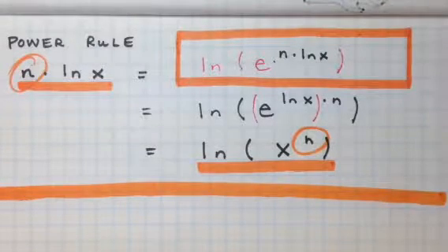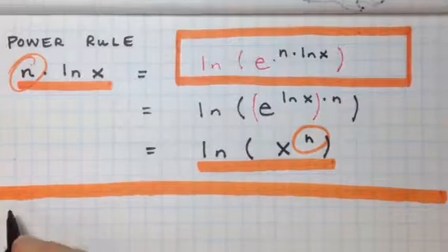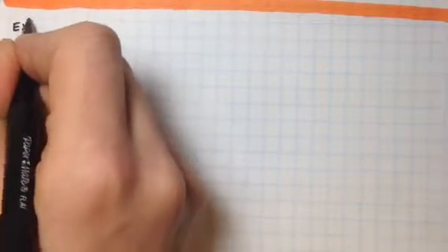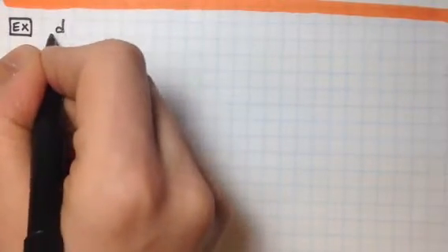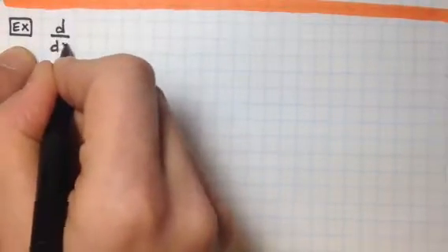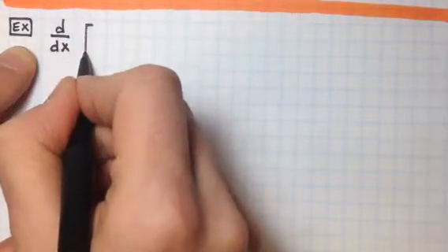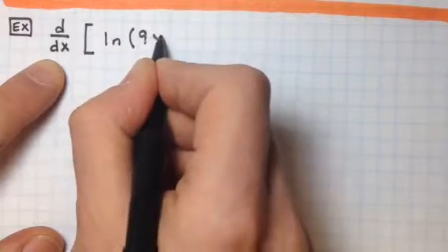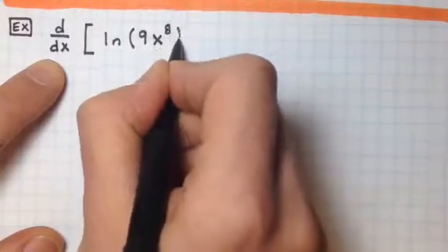Let's look at an example where that might be helpful to us. Take the derivative of the natural log of 9x to the 8th power.